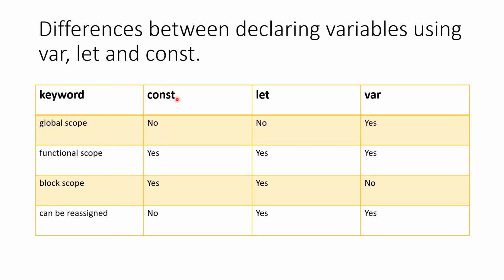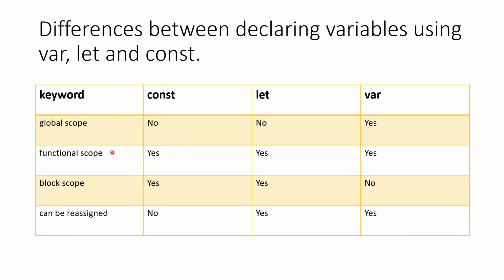Can we access the const keyword in global scope? No, we cannot. Let doesn't have global scope either, because in the last slide I also told you let and const don't have access in global scope. They have a different kind of scope.